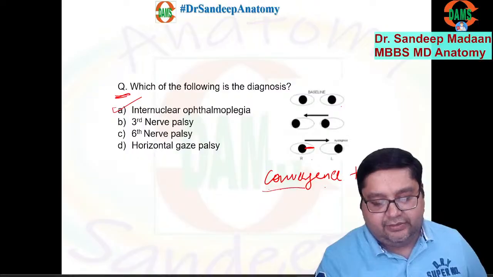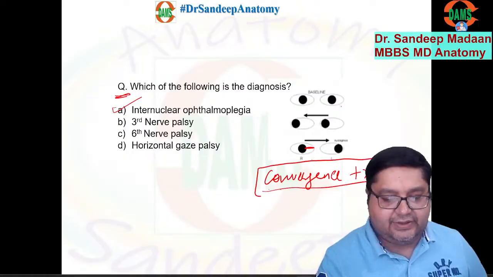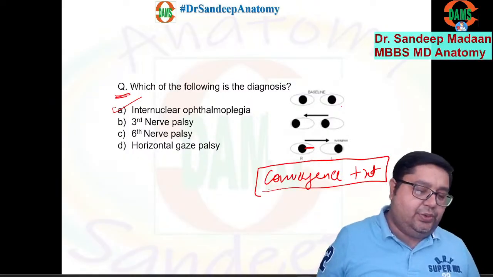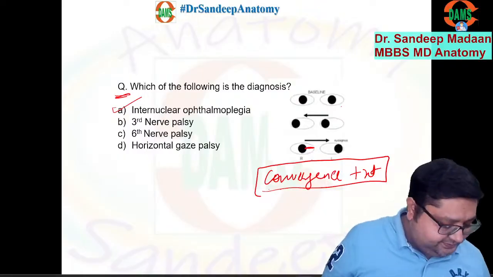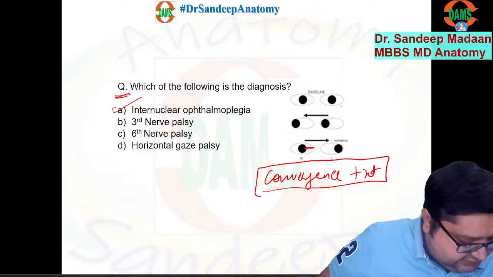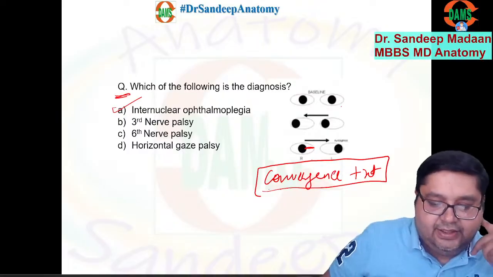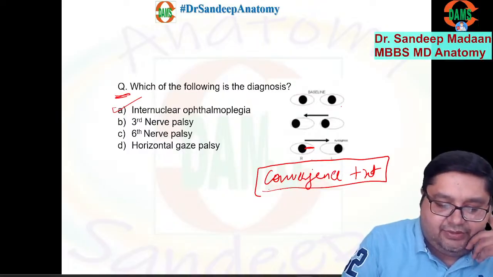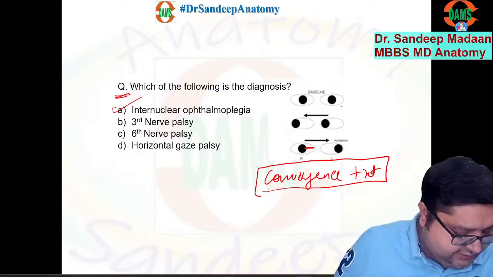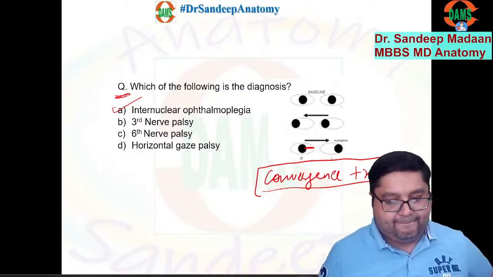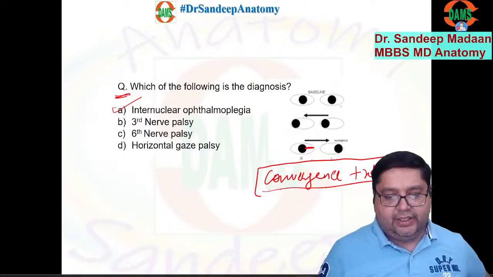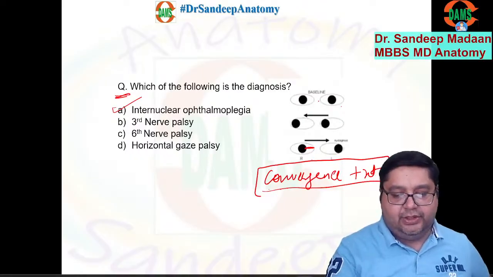If convergence is present, then we can say it is a palsy, because right now it is difficult to comment. So if convergence is present, we will take internuclear ophthalmoplegia. And in the baseline, there is no deviation.